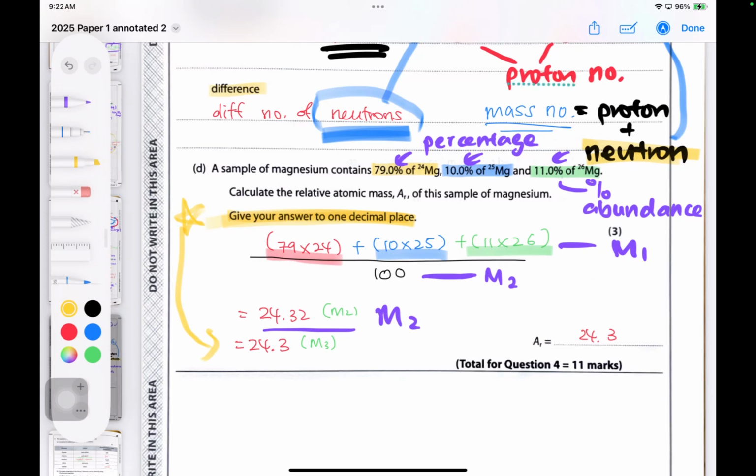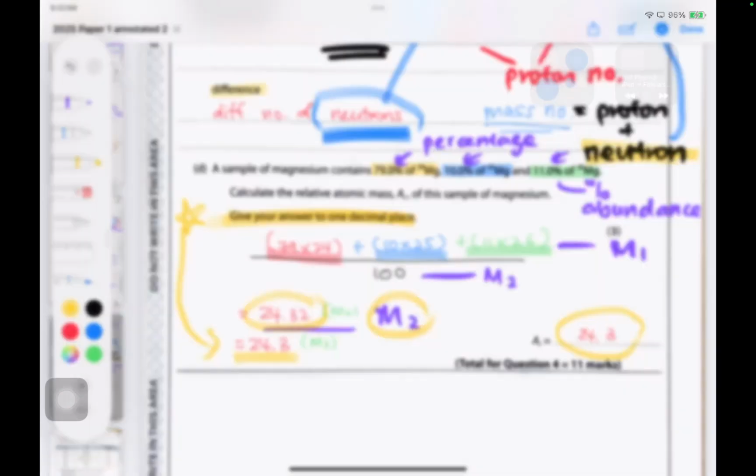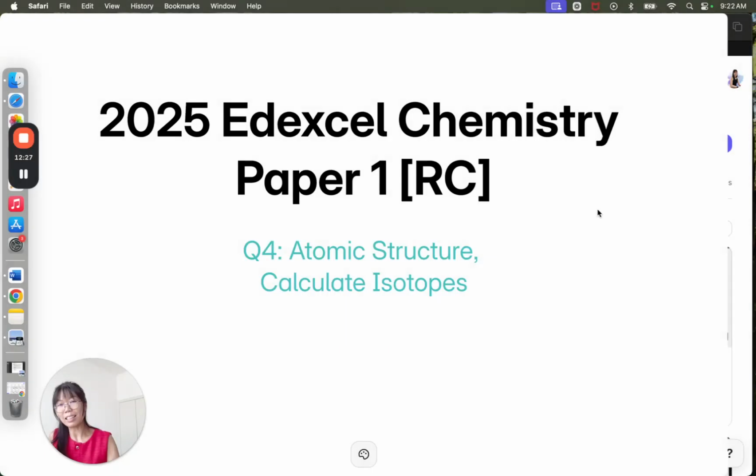So give your answer to 1 DP, you need to present your answer as 24.3. If you give your answer to more decimal places, you only get a maximum of 2 out of 3 marks, so do take note. This is not a very difficult question, it is easy to do, just a little bit tedious, and you just need to take note of the instructional words that come along.